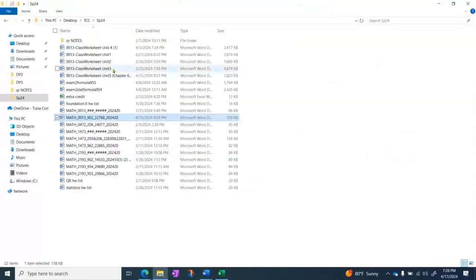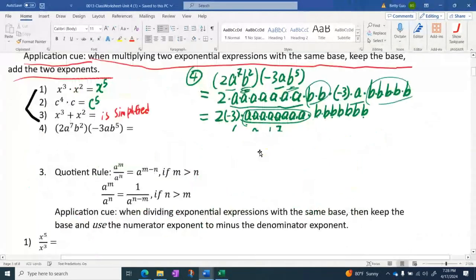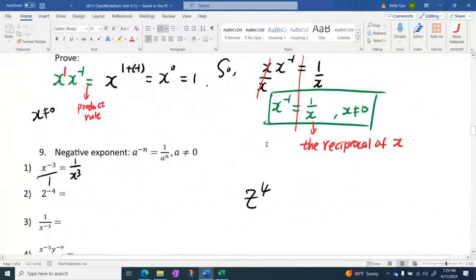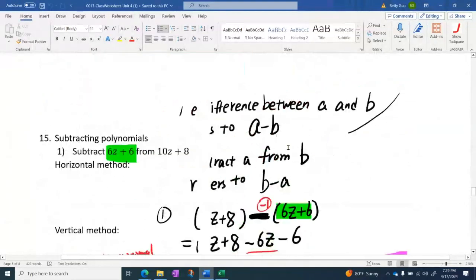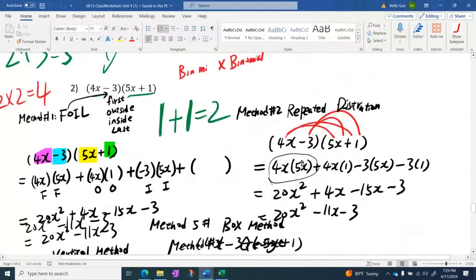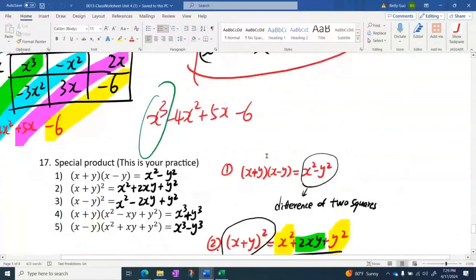Well, I would show you actually. Let me prove that we covered those formulas in chapter 5, right after the box method.